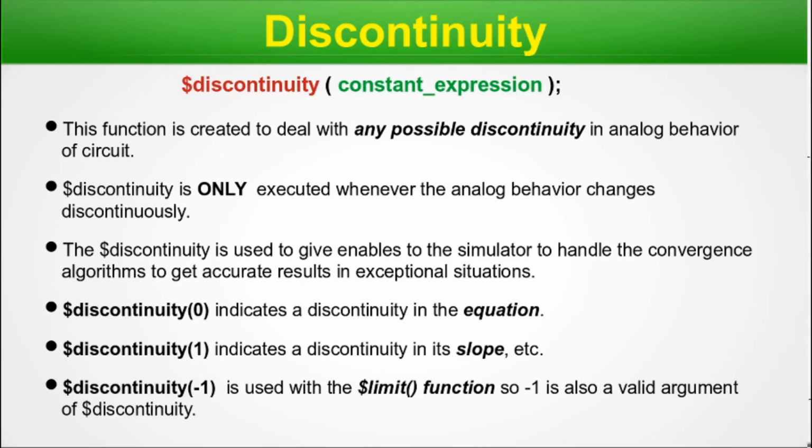So minus 1 is also a valid argument of discontinuity. The limit is the limiting value function. So guys, we have just come across the concept of discontinuity in analog, and how we can deal with it, and we have just explained it theoretically. So let's see an example.